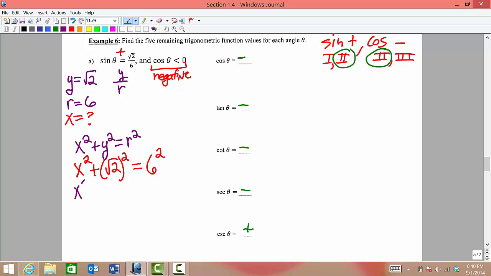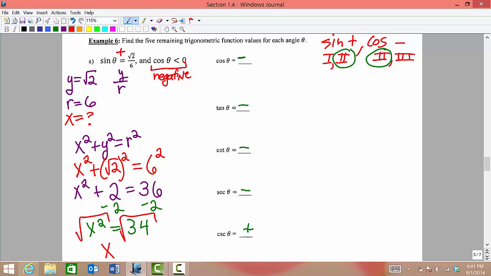So we have x squared plus the square root of 2 squared, that would be 2, equals 6 squared, which would be 36. If I subtract 2 from both sides, we find that x squared is equal to 34, and when we take the square root of x, we end up with plus or minus the square root of 34.